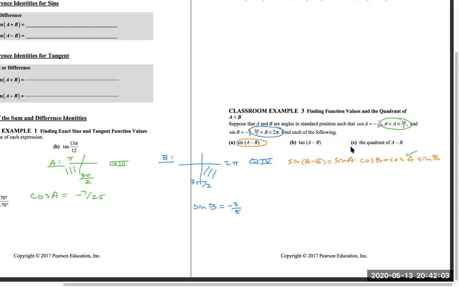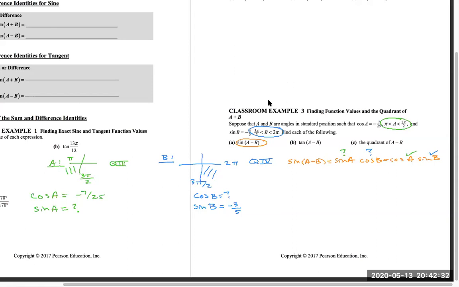Okay. So what does that tell us we still need to find from this particular formula? We need to find sine A and we need to find cosine B. Okay, so that's going to be our first step.